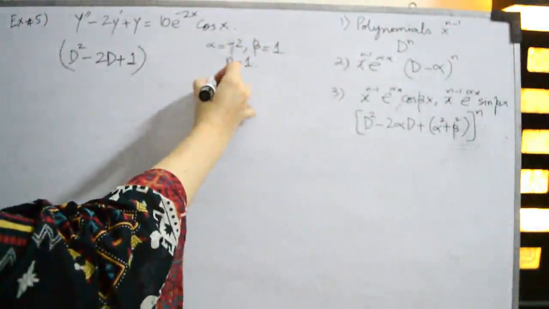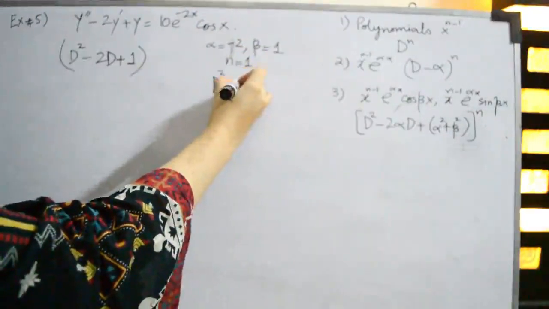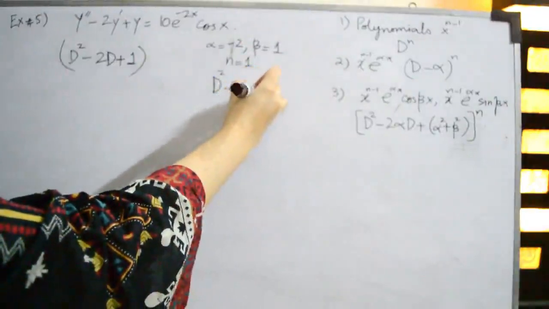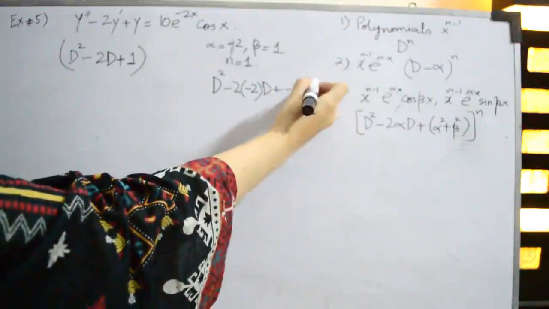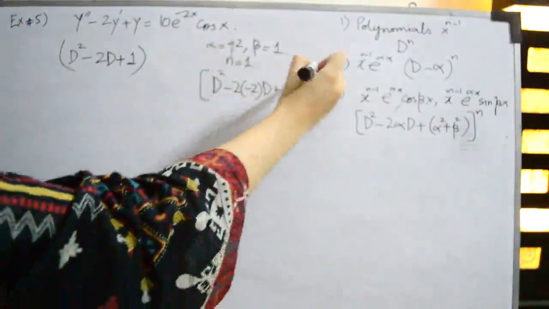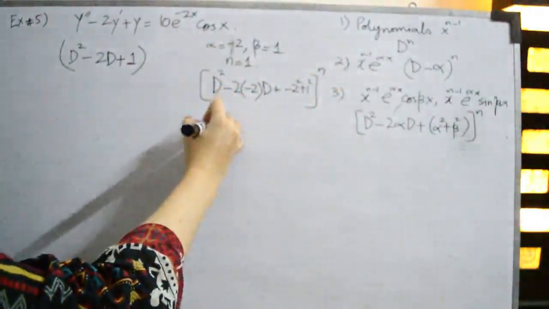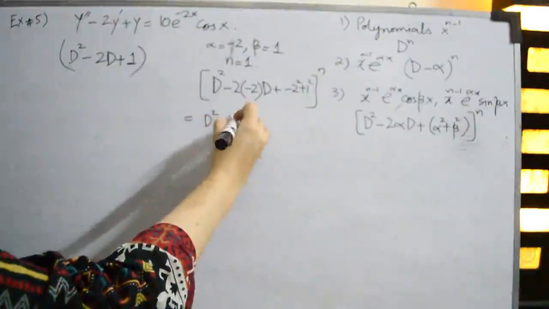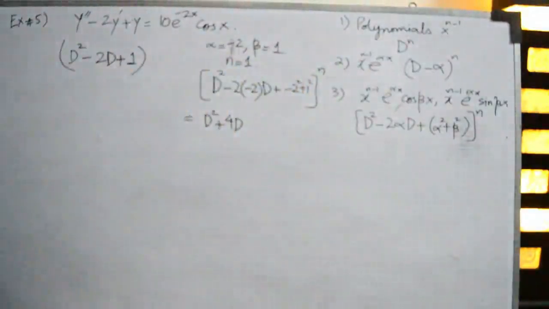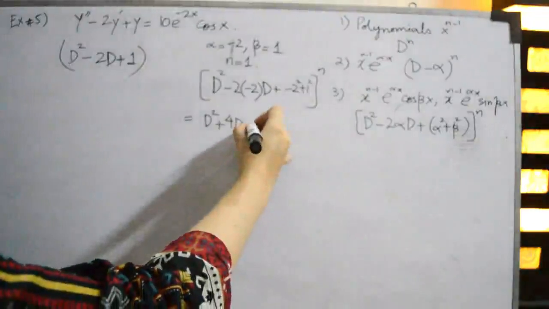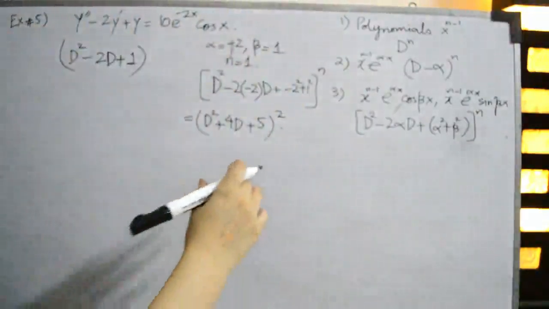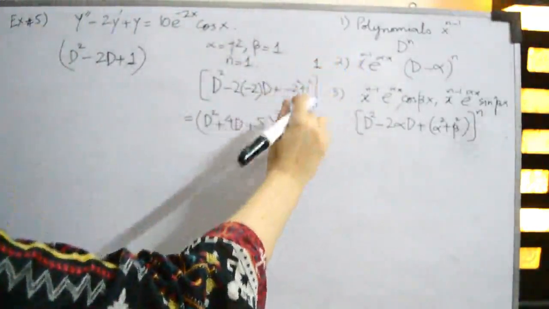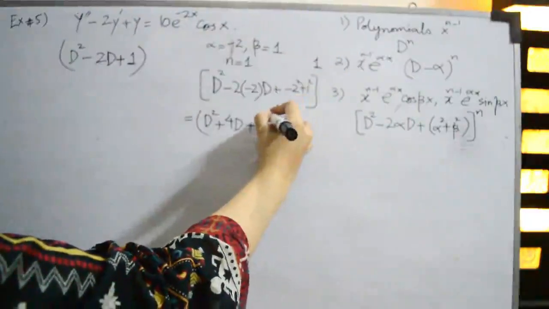That makes the annihilator operator D square plus 4D, minus 2 square makes 4 plus 1, that makes 5, to the power 1.